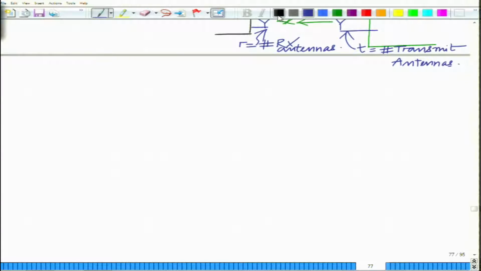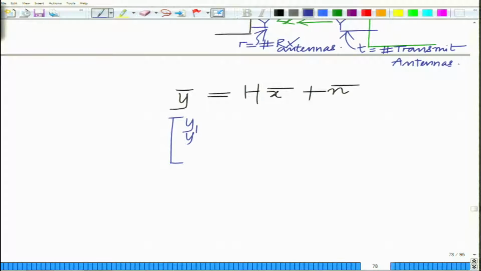For that, first realize, and we have probably seen this before, that the received symbol vector y is given as y bar equals H x bar plus n bar for this MIMO system, where y bar equals y1, y2, up to yR. These are the R received symbols across the R receive antennas. H is a matrix, times the transmit vector.